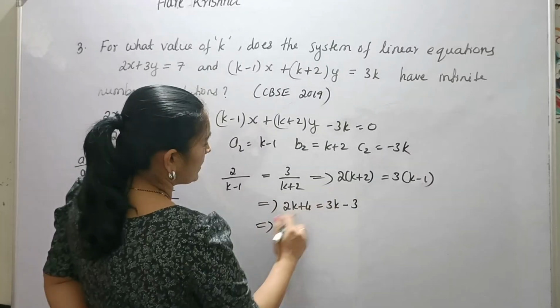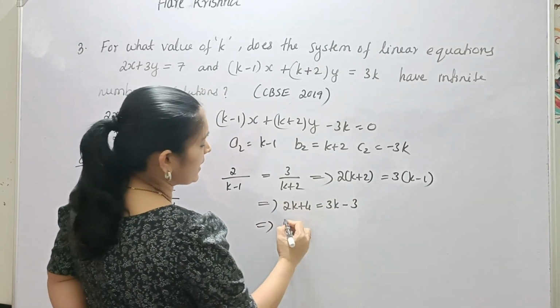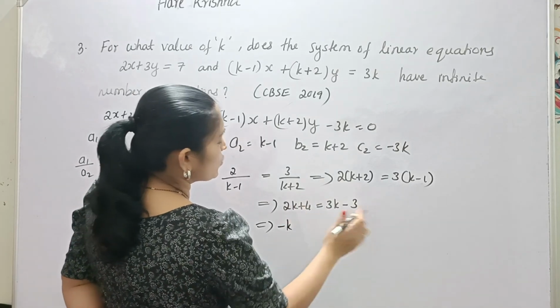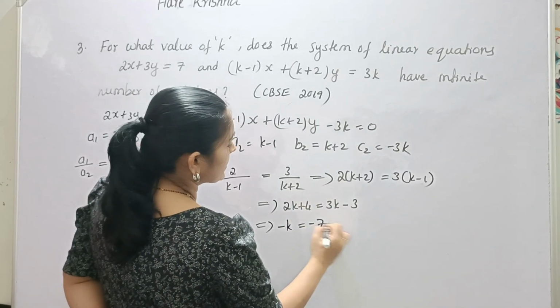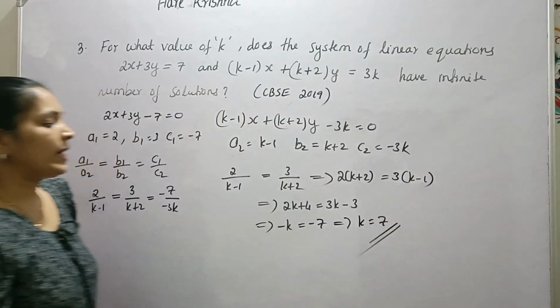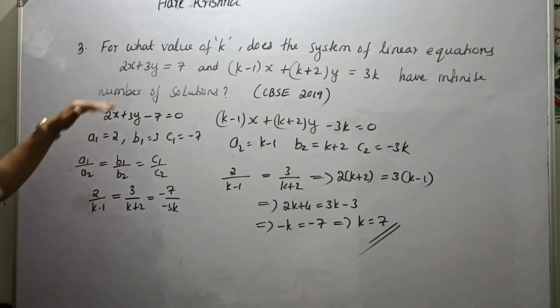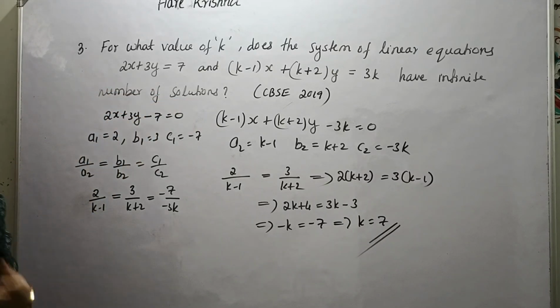That implies, take 3k to the left side, so it will be 2k minus 3k, which is minus k, and take this one here, so it will be minus 7. That implies k is equal to 7. So here the value of k is equal to 7 if the given equations have infinite number of solutions.